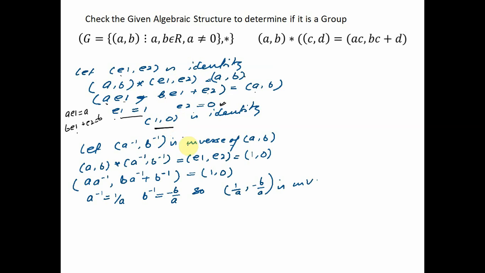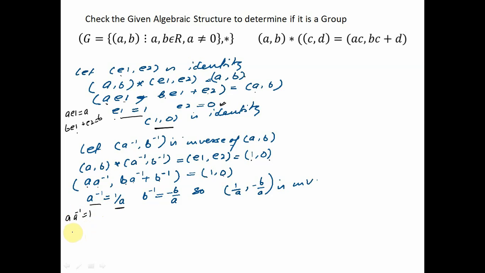Let (a inverse, b inverse) be the inverse of (a, b). So (a, b) star (a inverse, b inverse) is equal to (e1, e2), which is equal to (1, 0). So (a, b) star (a inverse, b inverse) will give me (a a inverse, b a inverse plus b inverse), equal to (1, 0). Once again, compare the terms. I have a a inverse is equal to 1. So a inverse is equal to 1 upon a.